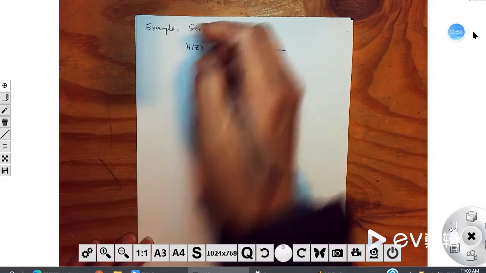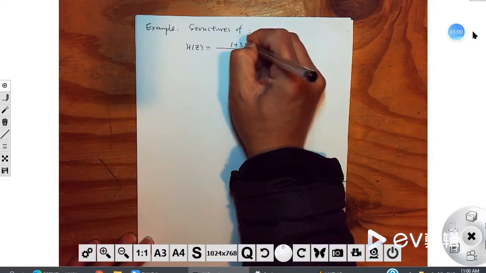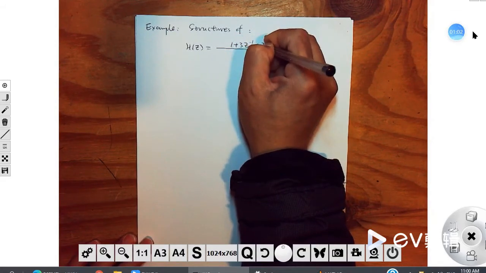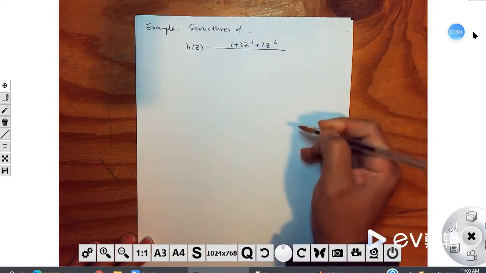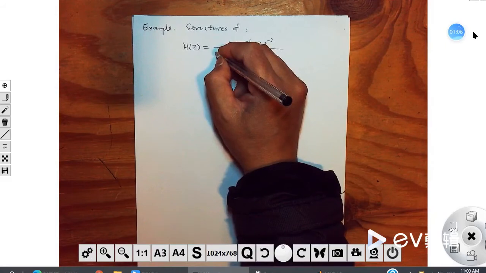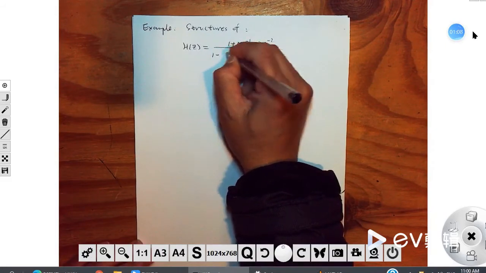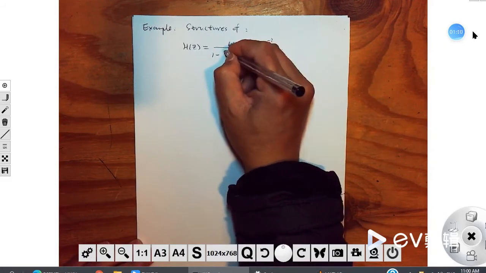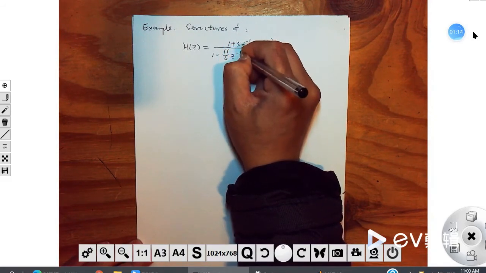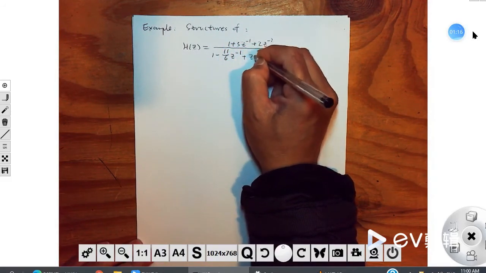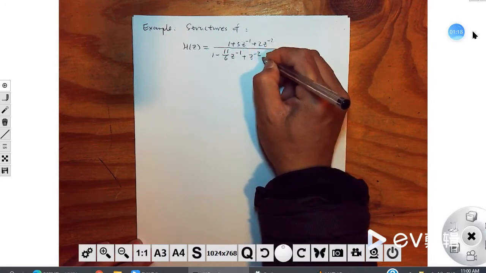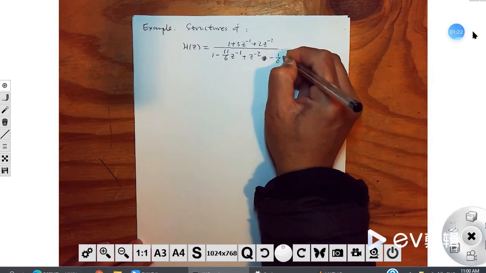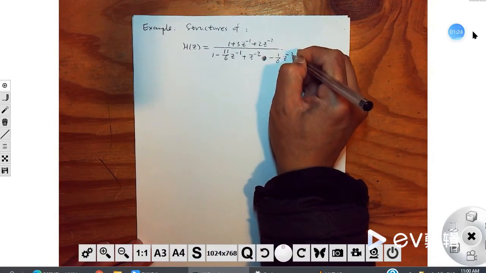The numerator is 1 plus 3 z to the negative 1 plus 2 z to the negative 2, and the denominator is 1 minus 11 over 6 z to the negative 1 plus z to the negative 2 minus 1 over 6 z to the negative 3.